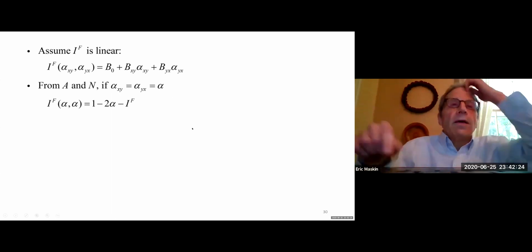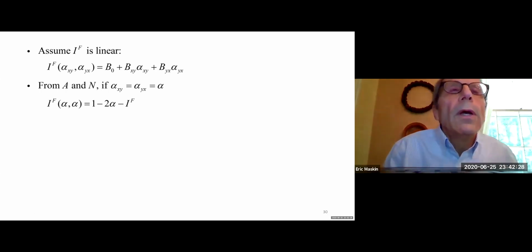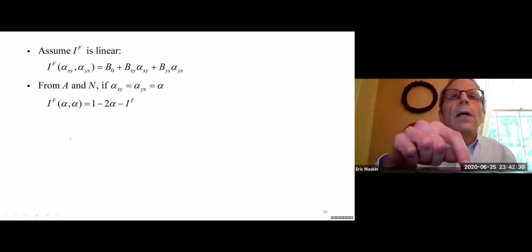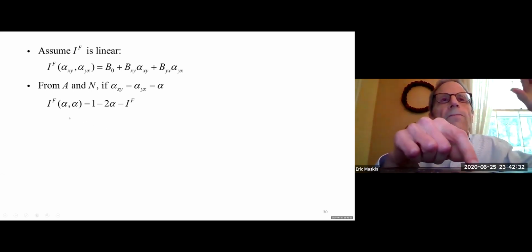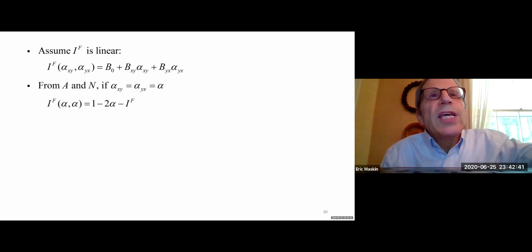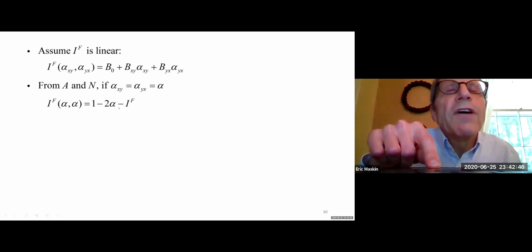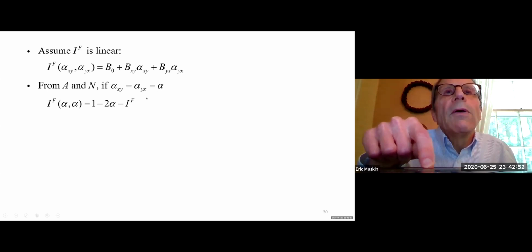Why? Because in that case, the number of people, or the fraction of people who have the ranking x, z, y must equal the fraction of people who have the ranking y, z, x. Simply from symmetry.